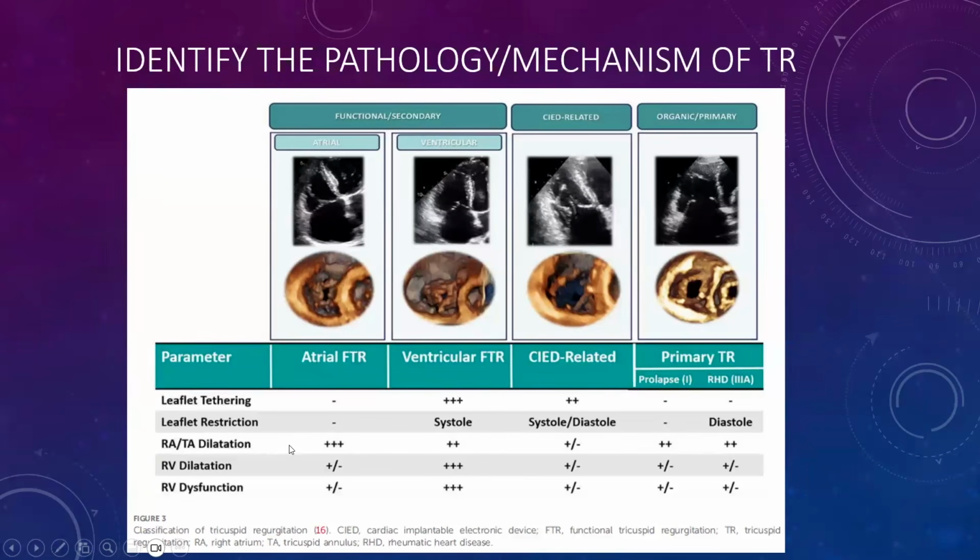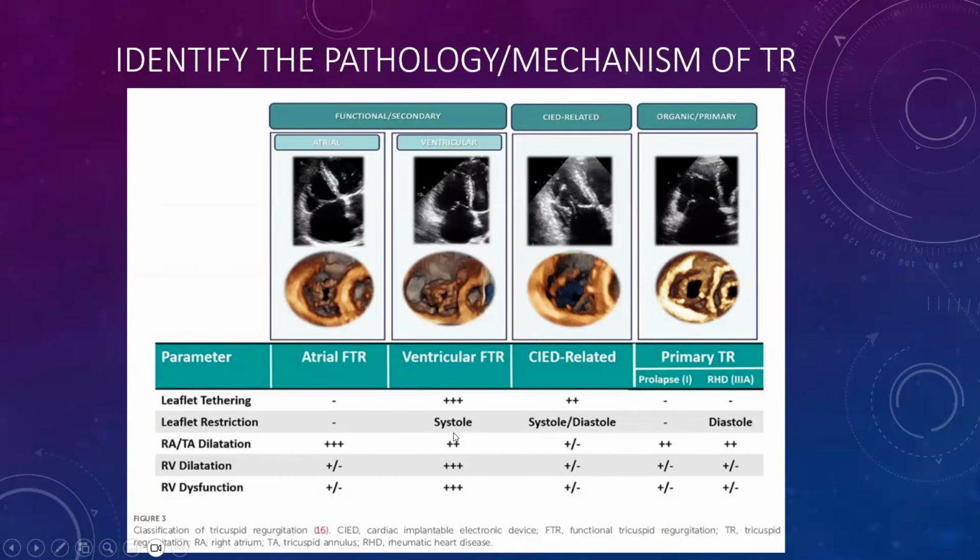Atrial functional patients typically have more significant atrial dilatation, the most significant part being the atrial dilatation. They may also have some ventricular remodeling in the context of chronicity of their tricuspid regurgitation and the volume overload, but typically it's an atrial predominant problem versus a ventricular predominant problem.